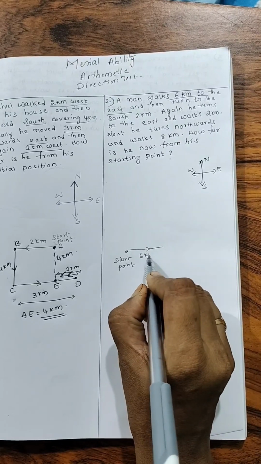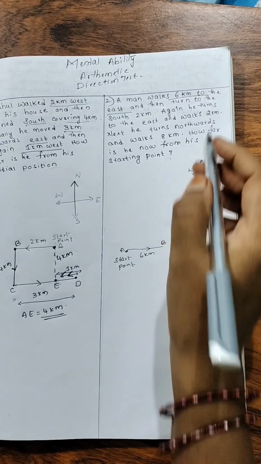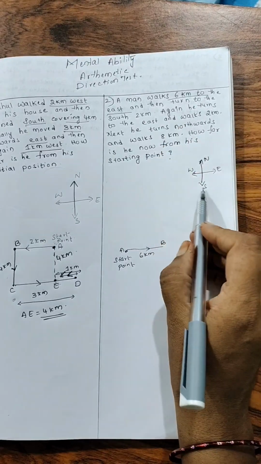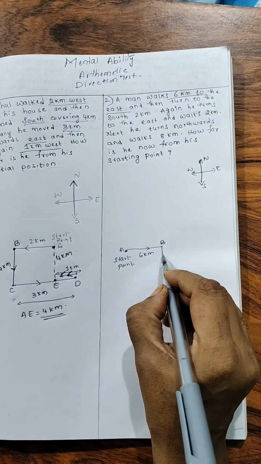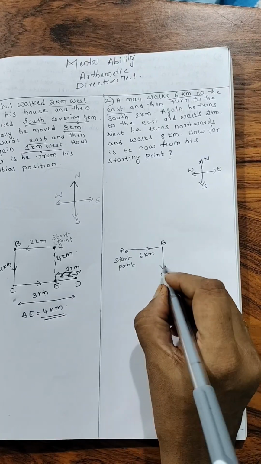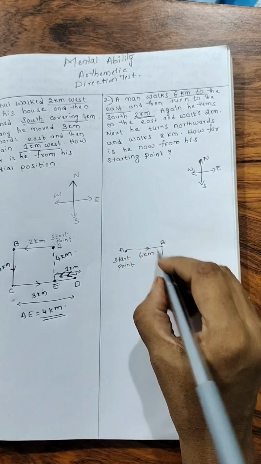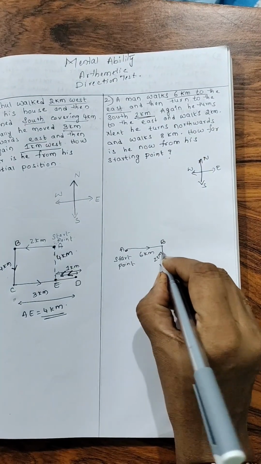Let us give some names such as AB. Then he turned to the south. South is in the downward direction. Put it here as C. South, he walked 2 kilometers.